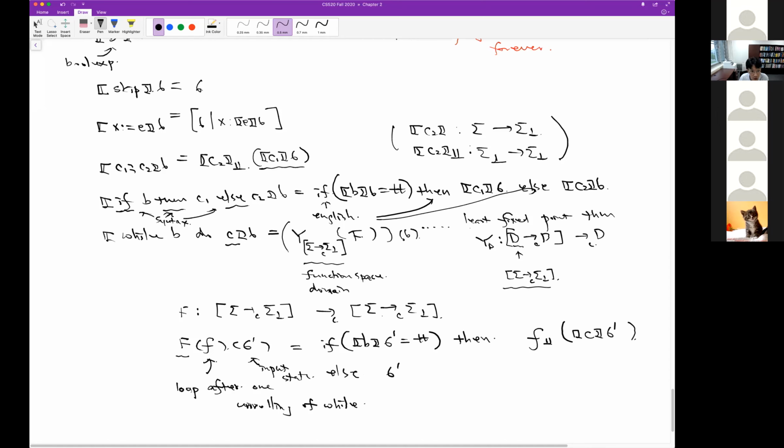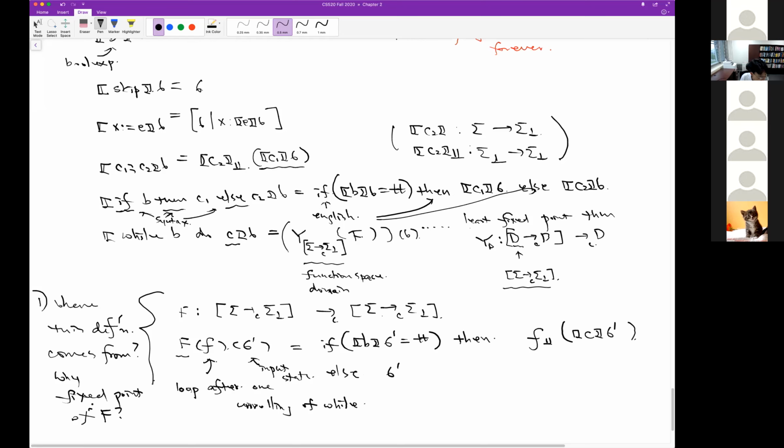Okay, so that's it for today. I will talk a bit more about this while loop, and there are several issues that we have to think about. The first issue is, where is this definition actually coming from? In other words, why do we have to define the while loop as a fixed point, and why of this particular F?